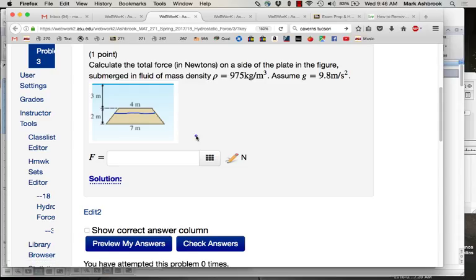And so because pressure varies with depth, we need an element that's all at the same depth, right? Because pressure varies with depth, the element for which we'll calculate pressure has got to be all at the same depth. So that's a horizontal strip. Okay, so we know that pressure equals density times depth.